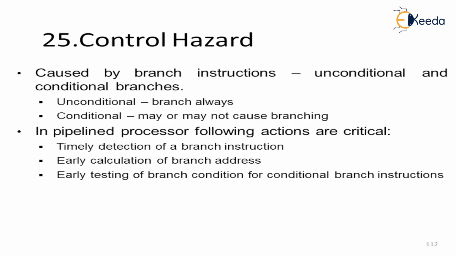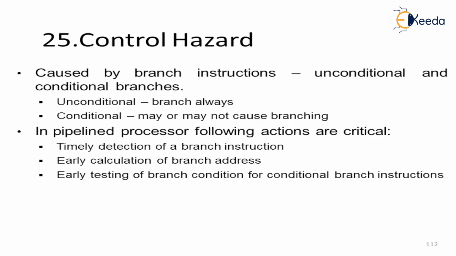In a pipeline processor, the following actions are very, very critical. You timely detect a branch instruction. After timely detection of the branch instruction, the possibility of data hazards is very, very less.